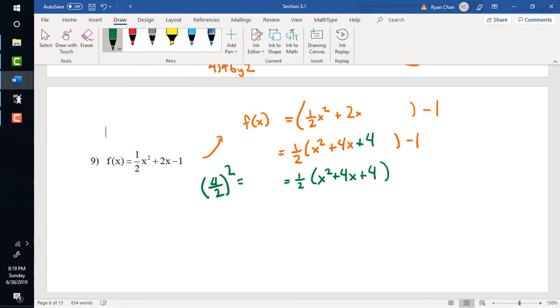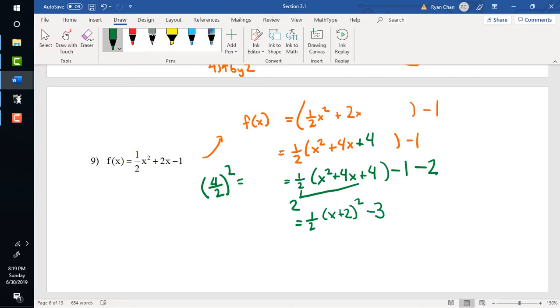So I am adding 4, which is being multiplied by 1/2, which is 2. So I'm adding 2 inside. To balance it out, I subtract 2. So I'm going to factor this as x plus 2 squared and then minus 3.